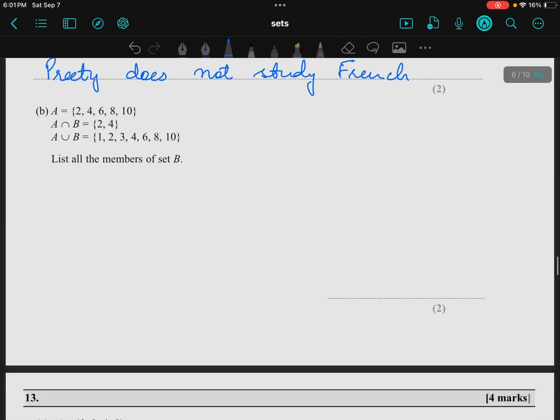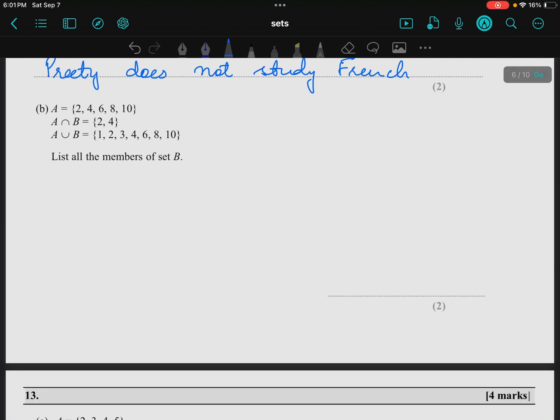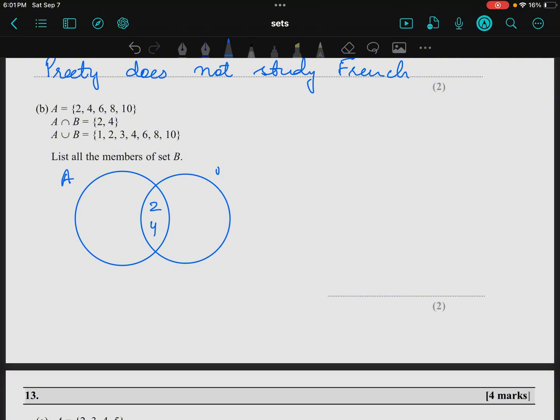Then part B. A is given, A intersection B is given, and A union B is given. List all the members of set B. First of all, make a diagram. Write down the common elements, 2 and 4. Except for 2 and 4, write the elements of A: 6, 8 and 10.